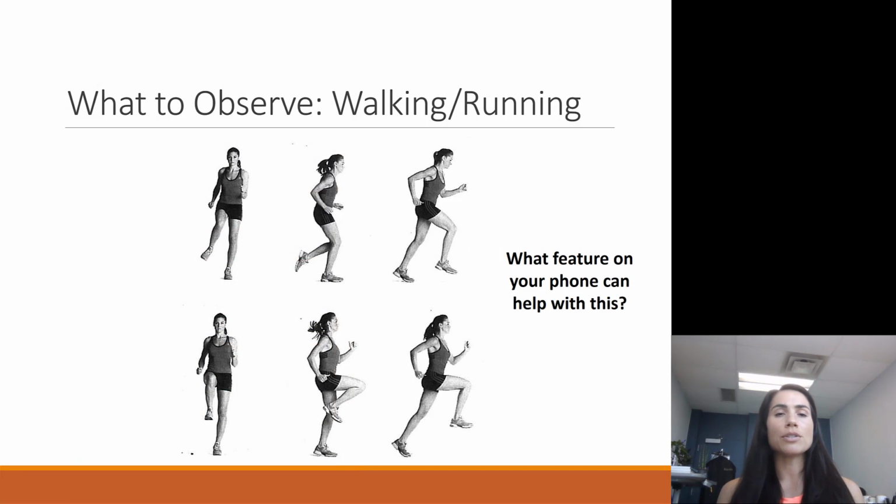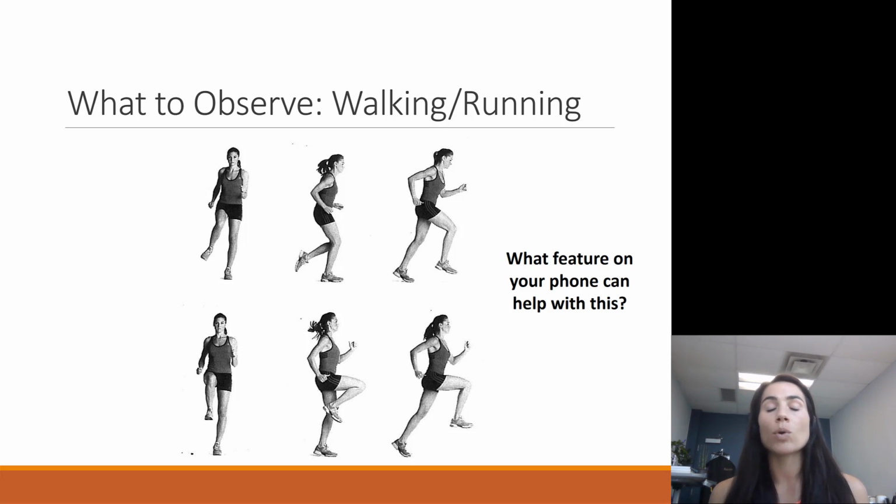There are some other things that you can do to observe someone's posture. In lab, we're going to be doing an Alinabod, so you really understand that. But you also are going to be doing a walking or running observation of their posture. Here are some photos of someone running, and you can see from the front and then the side some things to look for.